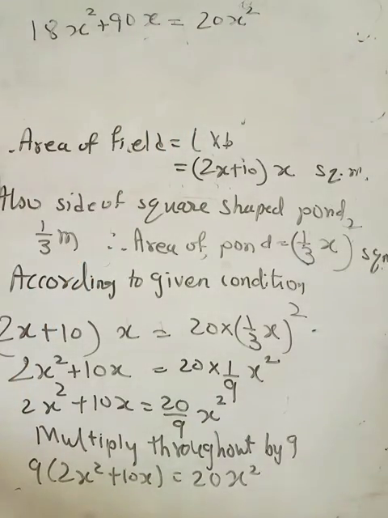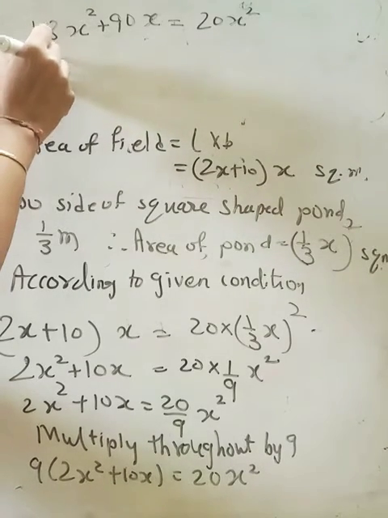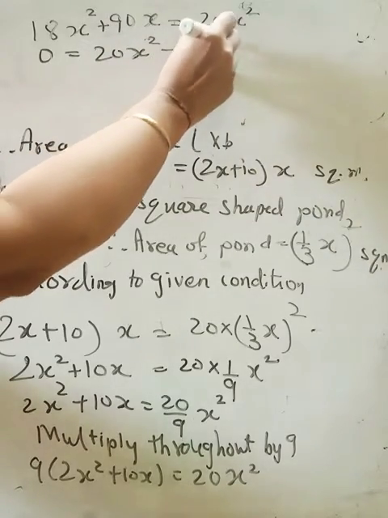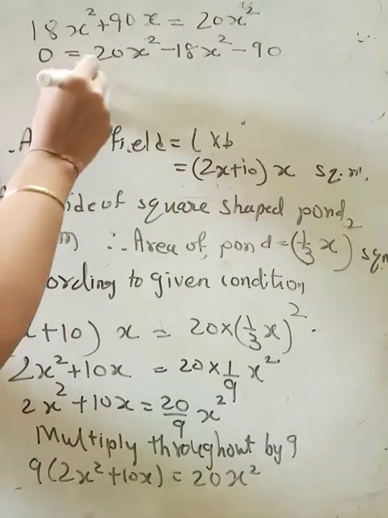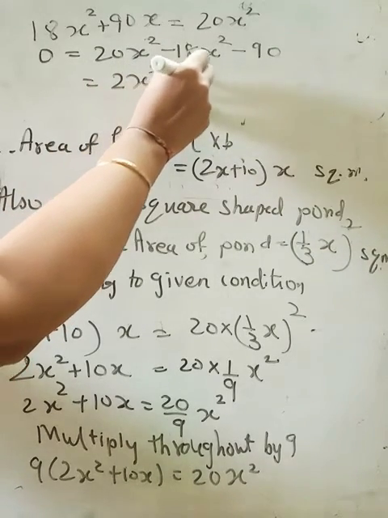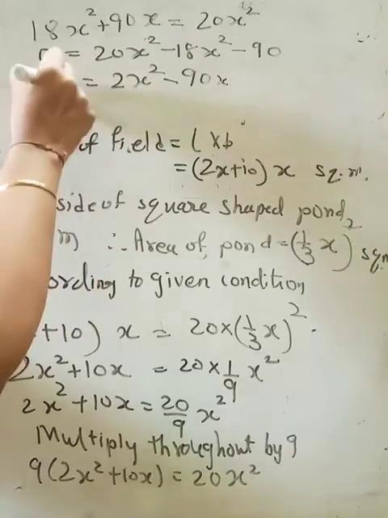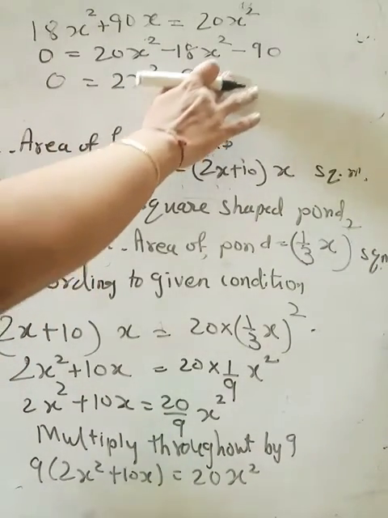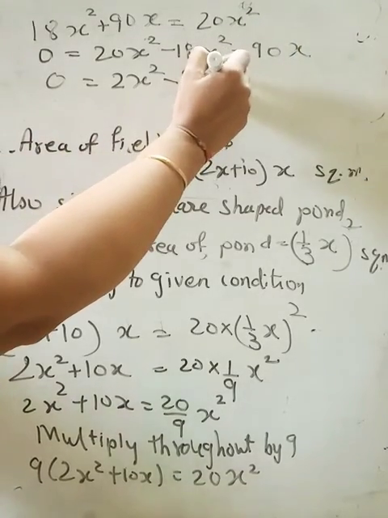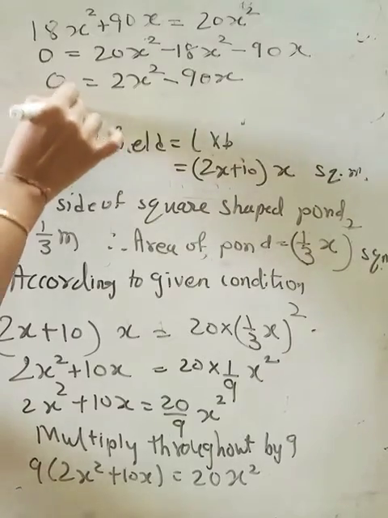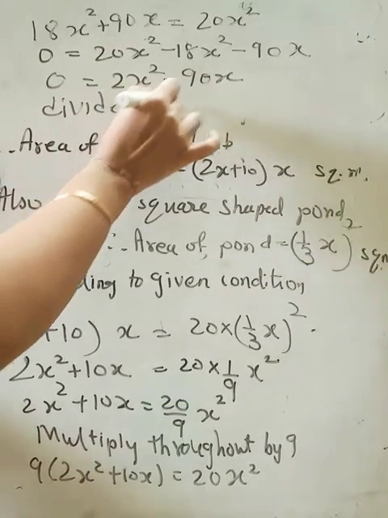Now children, take all the things on one side. What you will get? 0 is equal to 20x squared minus 18x squared minus 90x. That is 2x squared minus 90x. Right? Divide by 2 throughout.